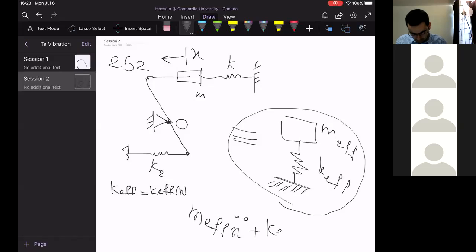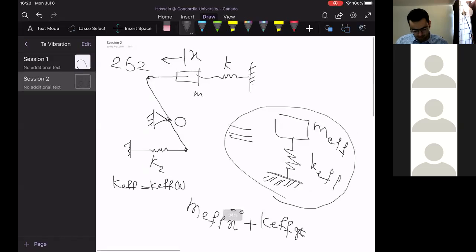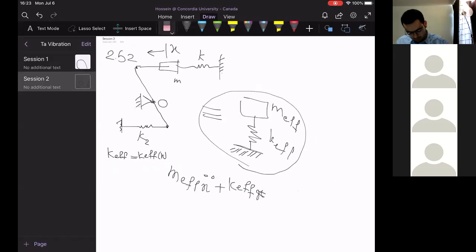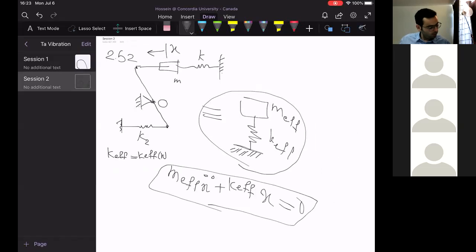plus K effective multiplied by X is equal to 0, free vibration, right? So here we want to find effective stiffness.